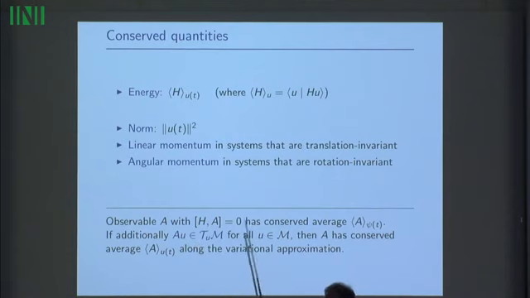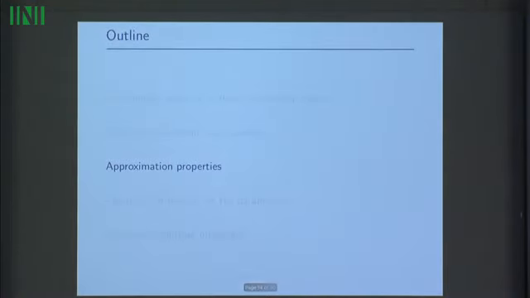So u is a Gaussian, which is a quadratic polynomial times a Gaussian, so it's in its own tangent space, and therefore the norm is conserved. And similarly, you can use this result for linear momentum and angular momentum if you have the appropriate symmetries. So we have an approximation which has nice properties. We have energy conservation, norm conservation, linear and angular momentum conservation.